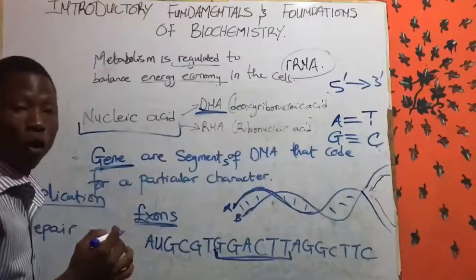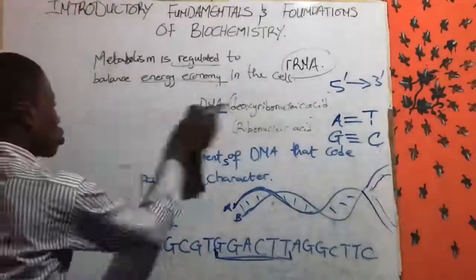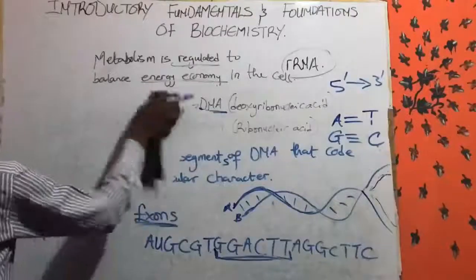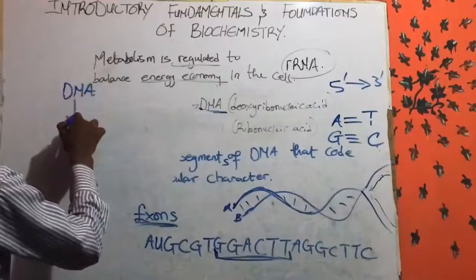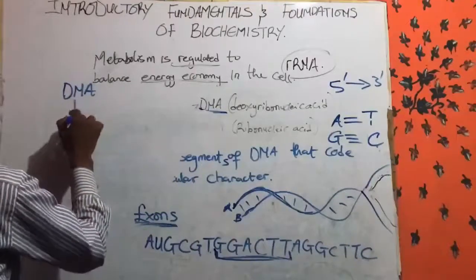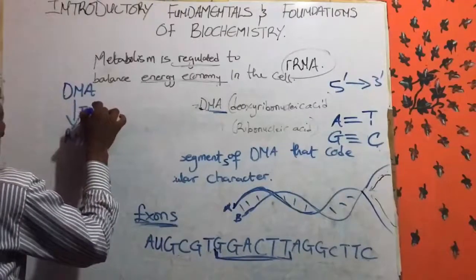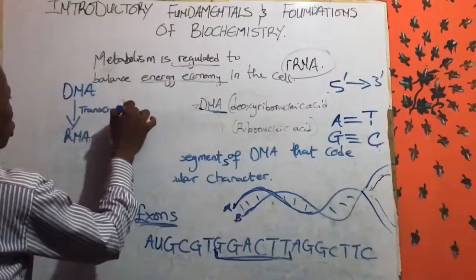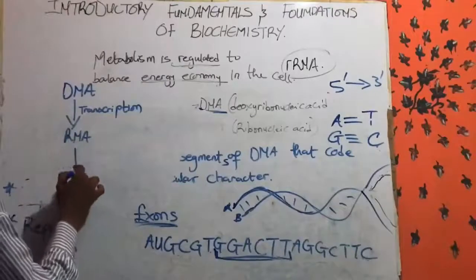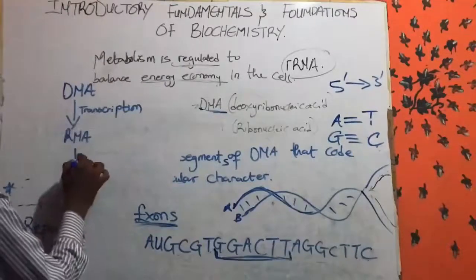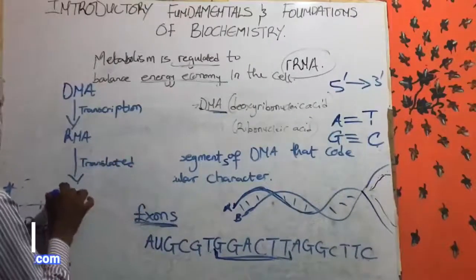For my DNA to code for a character or to code for a protein, it has to go through this sequence. My DNA will get transcribed to RNA. Here I have transcription. And my RNA can get translated to protein.